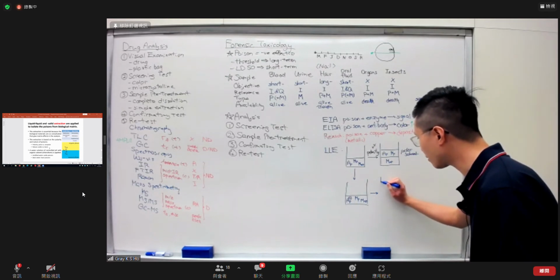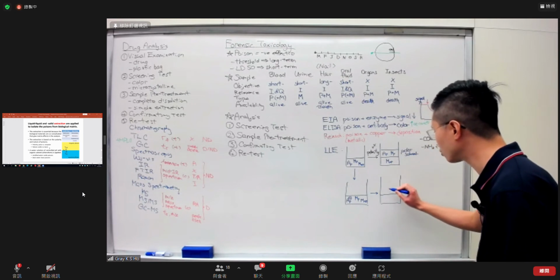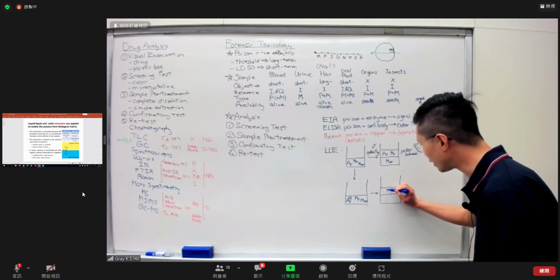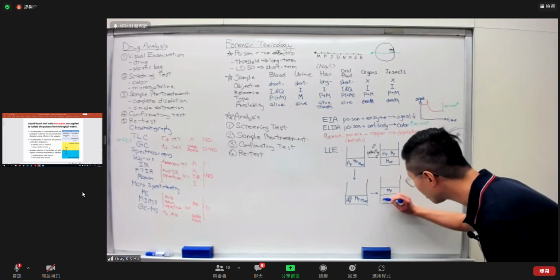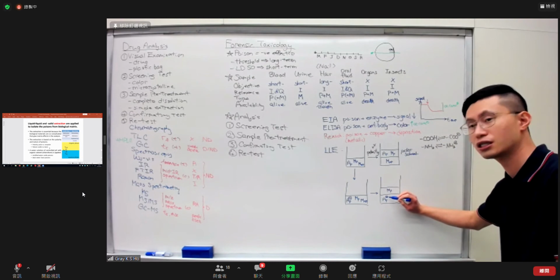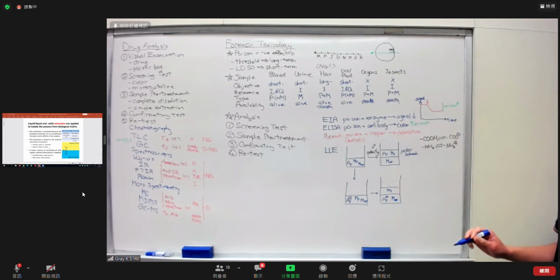The next step is we add in the polar extraction solvent. Now only the extractable polar matrix will be extracted, because the analyte, even though it matches the polarity, has a charge and will just stay in the sample. So only the extractable matrix is taken out this time.